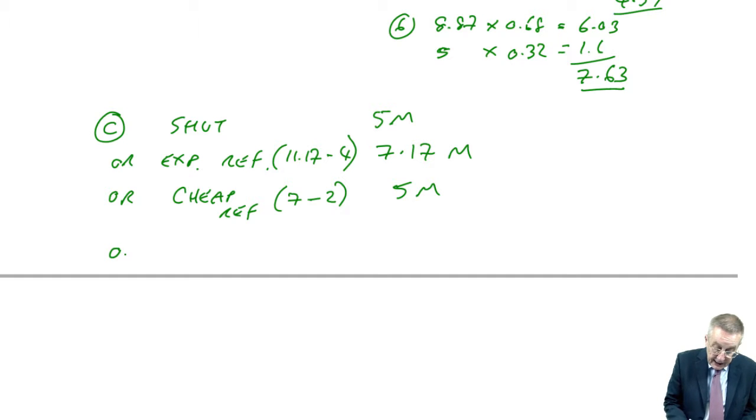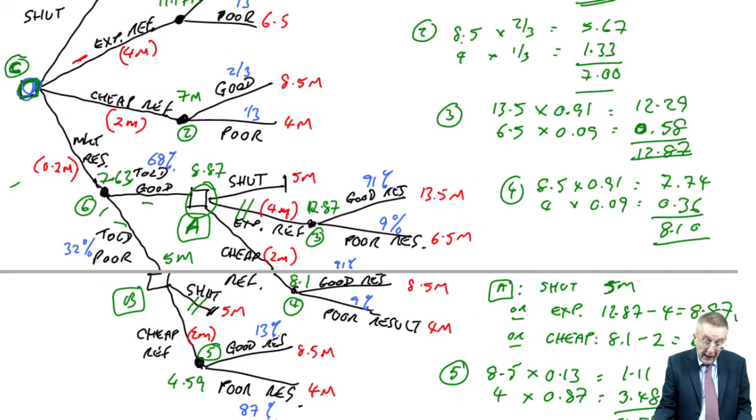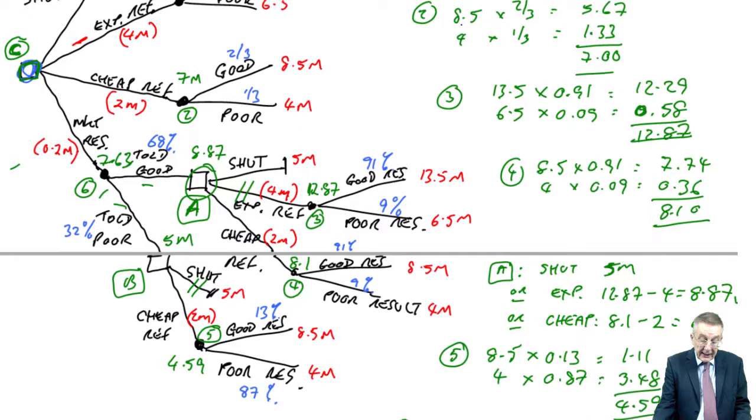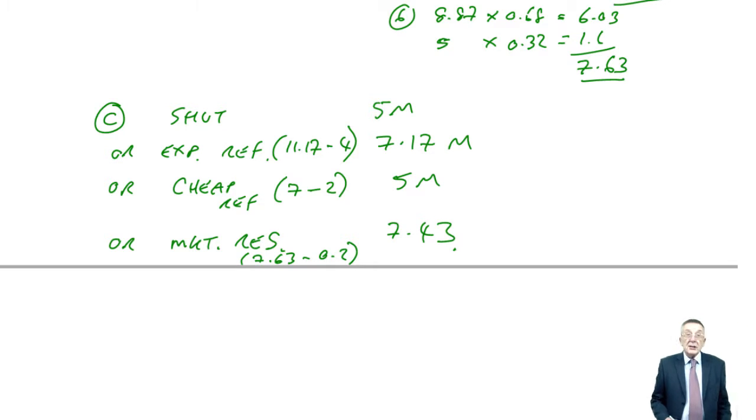Or finally, we do market research. With market research, we pay out 0.2 and get back 7.63. It's our choice, and we'll pick whichever is the best of those 4.